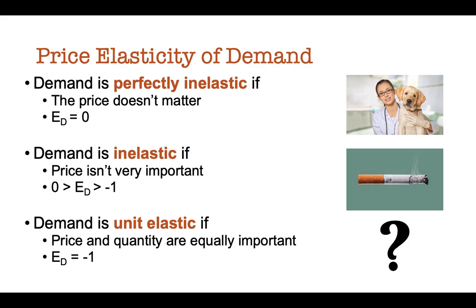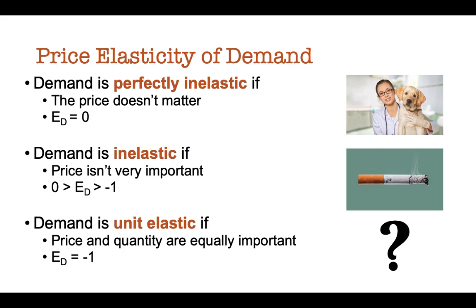So if price is not very important, we're not very responsive, and we're going to get a decimal number for elasticity of demand. It's going to be negative 0 point something. It could be 0.3, it could be 0.5, like the parking pass example we just did, all the way up to 0.99. If it is somewhere between negative 1 and 0, we say that is an inelastic level of demand in terms of our equation.